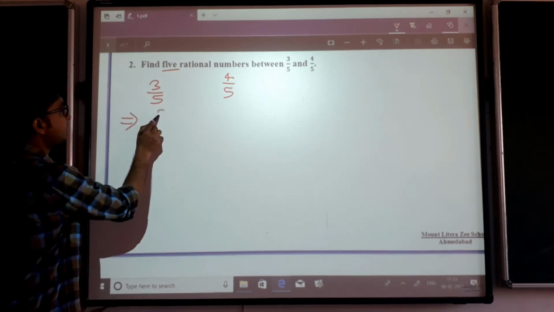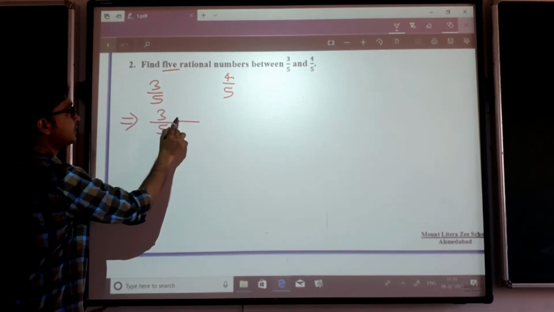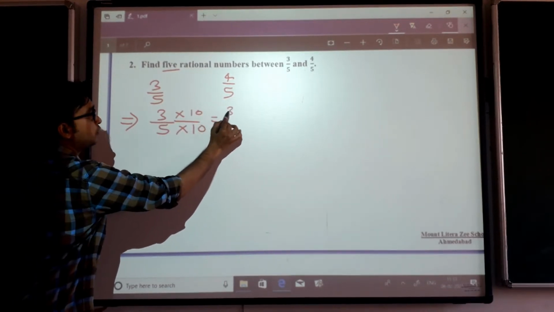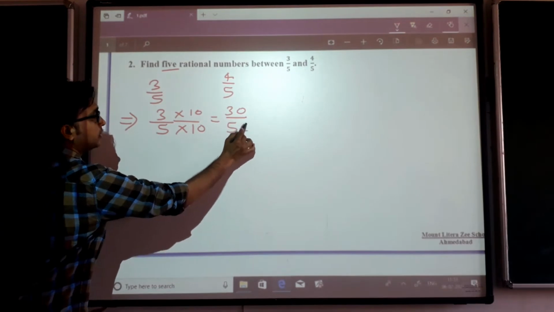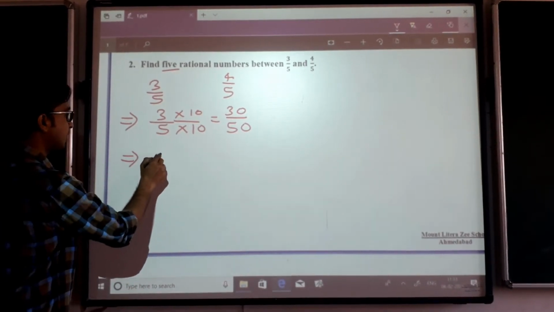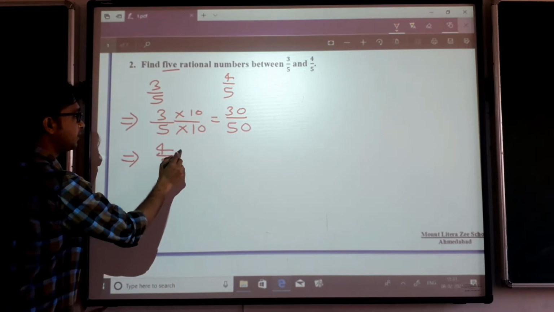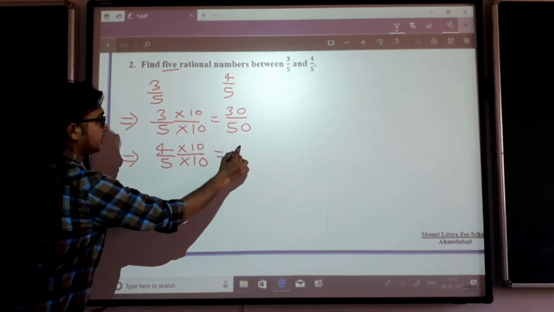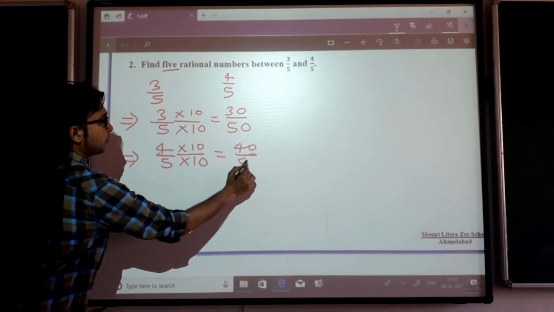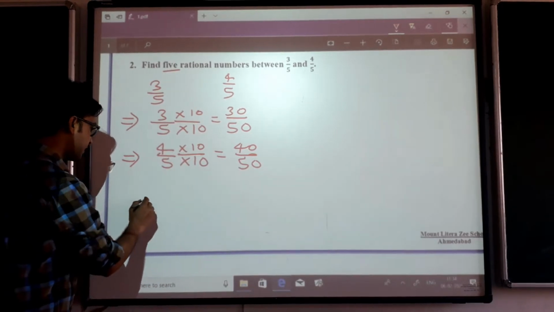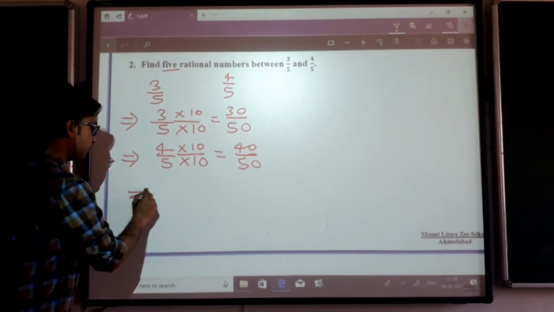So we write here 3 upon 5 and then simply multiply with 10. Okay, so you will get here 30 upon 50. Now take the next rational number, which is 4 upon 5, and multiply by 10. Then again you will get here 40 upon 50. We need to find 5 rational numbers here. So what will be our answer?